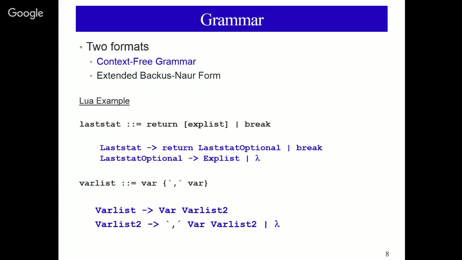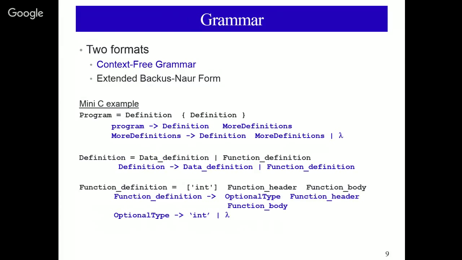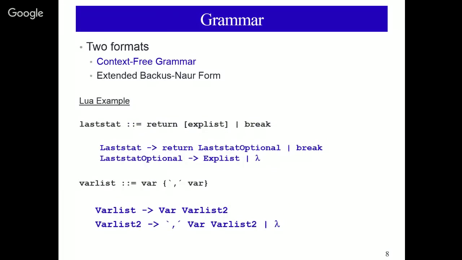And there's another form called the Backus-Naur or the extended Backus-Naur form, by Peter Naur and John Backus, the people who designed Fortran and COBOL. They were the computer scientists. Noam Chomsky, who came up with the context-free grammar, was not a computer scientist. He was really studying languages and the complexity of languages.